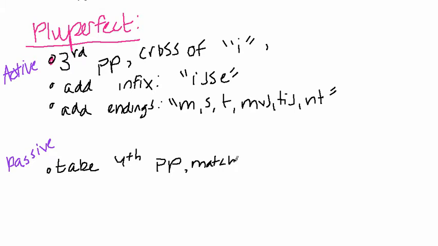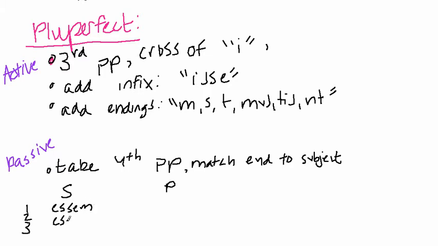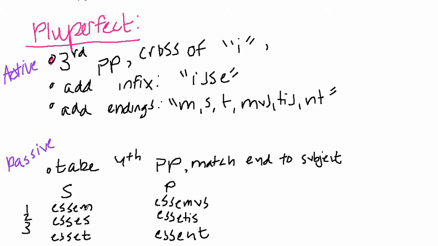Then instead of adding different forms of sum, you use the imperfect subjunctive form of sum, which I'll write down in a chart: essem, esses, esset, essemus, essetis, essent. And if you remember, for the imperfect subjunctive, all you did was take your infinitive and add these endings. So that'll help you remember it.